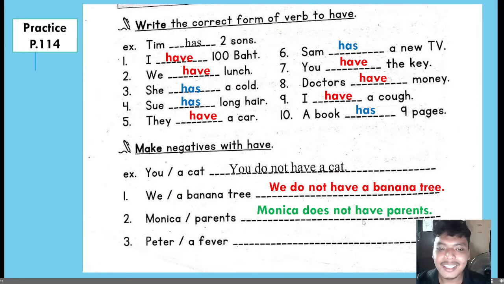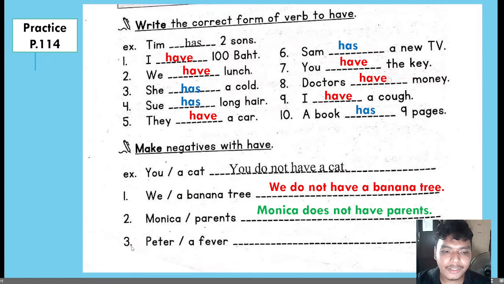We can say Monica does not have parents. Does not, because we use does because Monica is one person. Okay, Monica does not have a parent. Everybody write it down to your books.